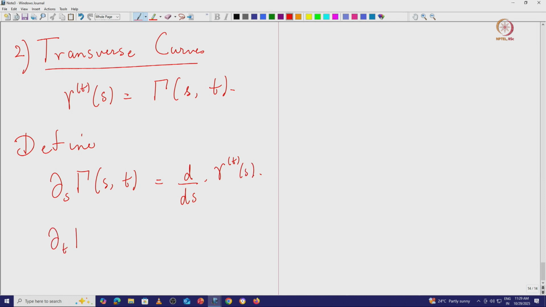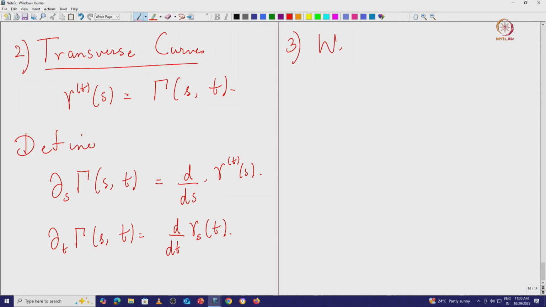Similarly, del t of gamma is precisely the velocity vector of the horizontal curves. Okay, so that is going to be our notation.